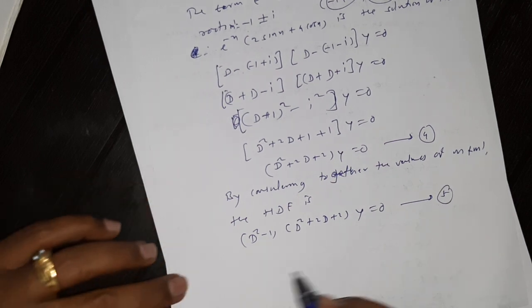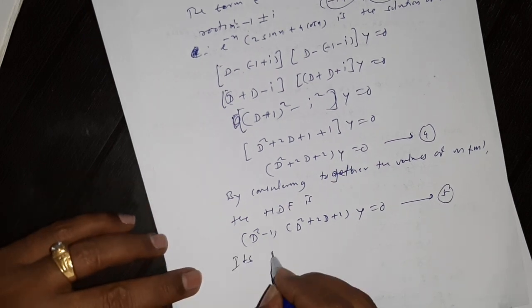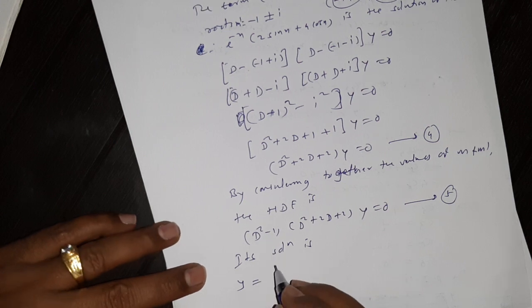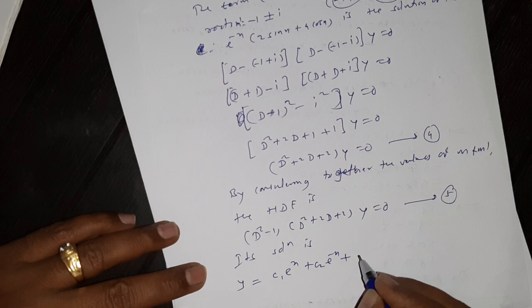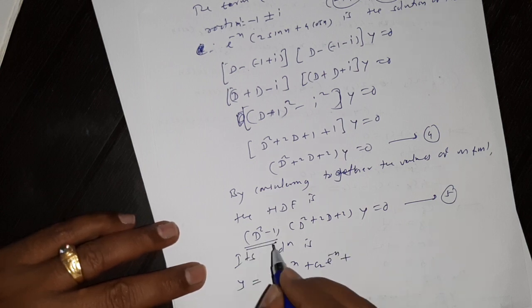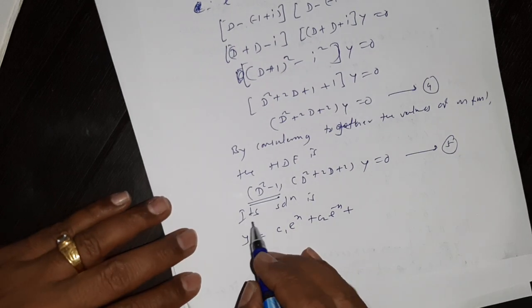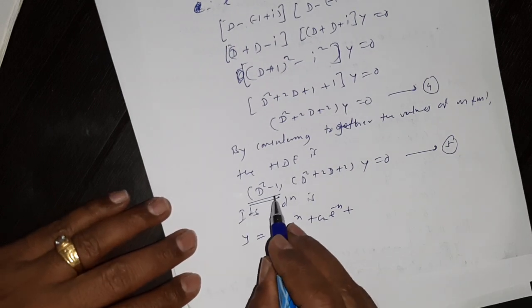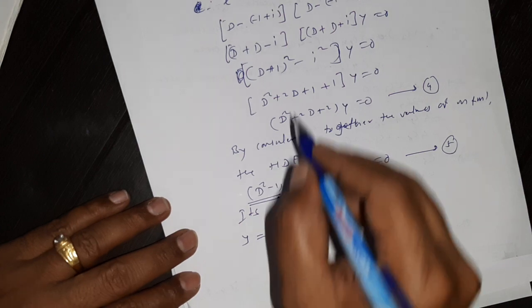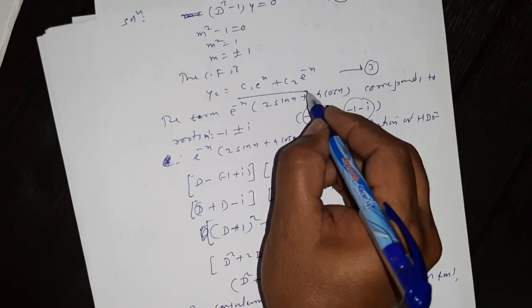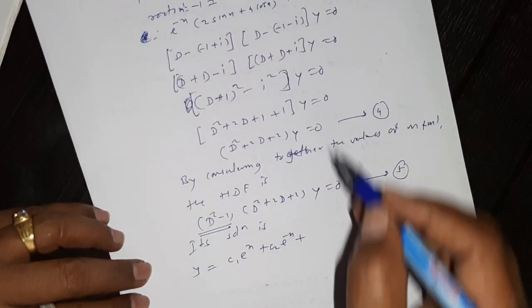And its solution is what? y is equal to c1 e raised to x plus c2 e raised to minus x, that is D square minus 1 is equal to 0. The roots are plus minus 1. That term is c1 e raised to x plus c2 e raised to minus x.